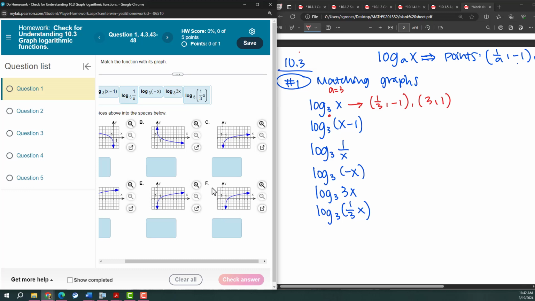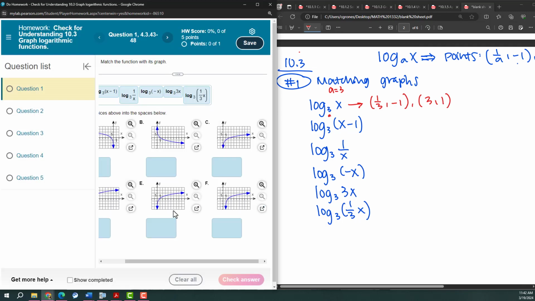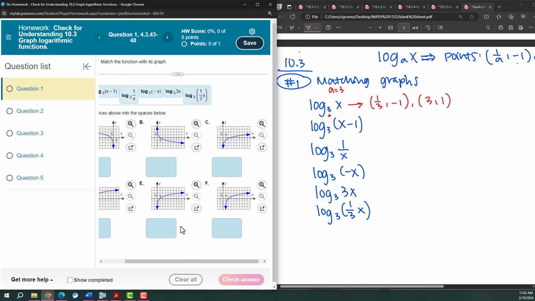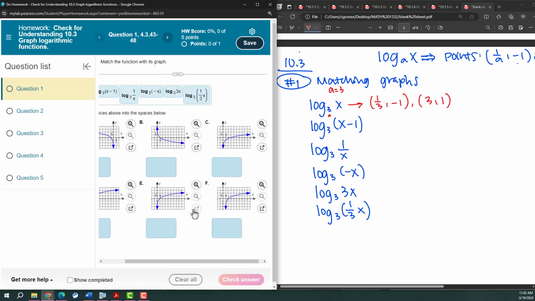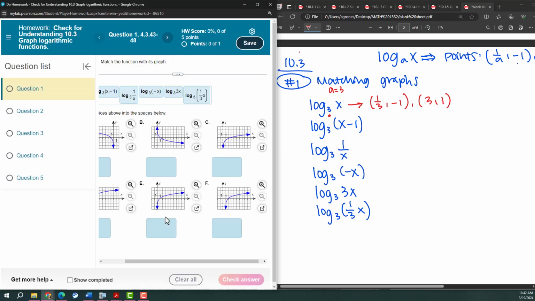It's not E. F is going through the point 2, 1. E is going through the point 1, 0. Okay, so 3, 1 would be right here, so F is not going through that. E is going through 3, 1, and also 1/3, so it looks like E is going to be this log.